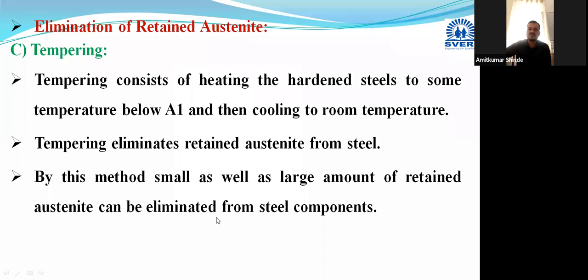Please let me know if any doubt is there. Today I have completed hardening along with its types, then tempering, its types, retained austenite, its effects, and elimination methods. If any doubt is there, please let me know, I will clarify it. If no doubts are there and all points are clear, you can mention that also, so that I can stop this session.